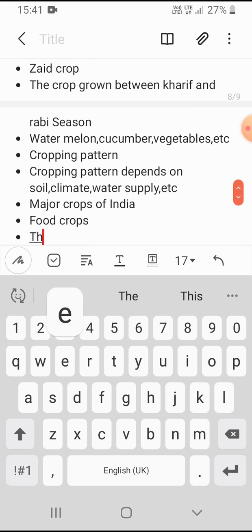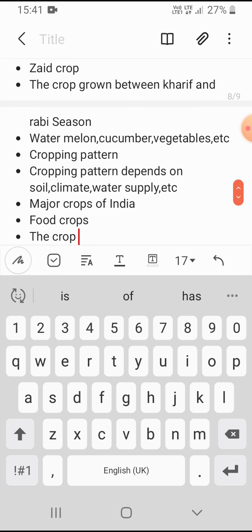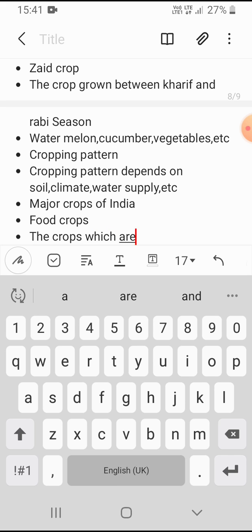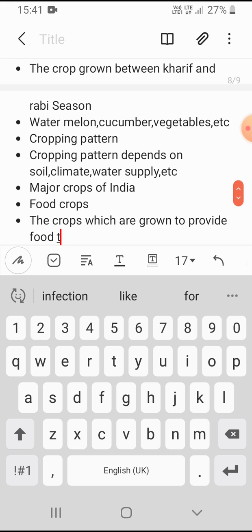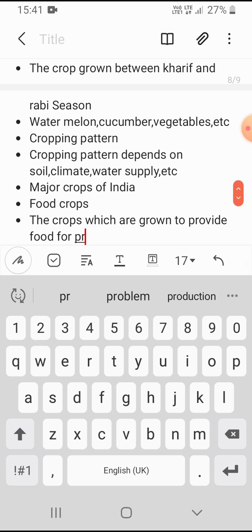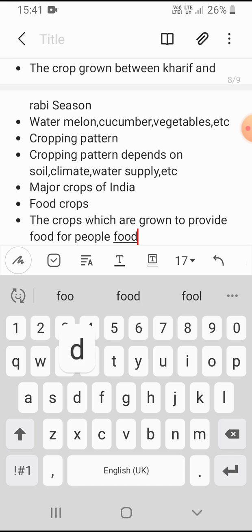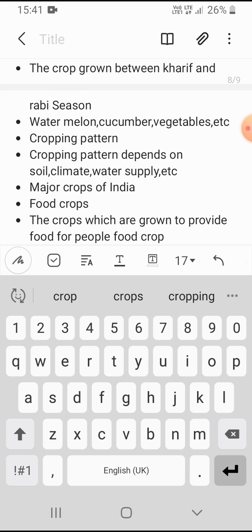Food crops means the crops which are grown to provide food for people. That crop is called a food crop.